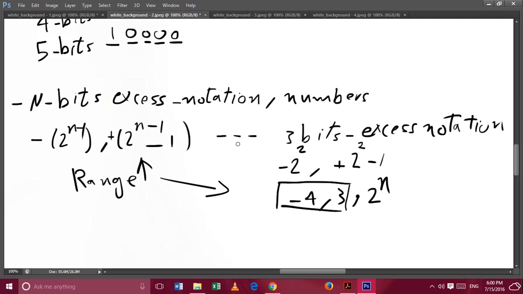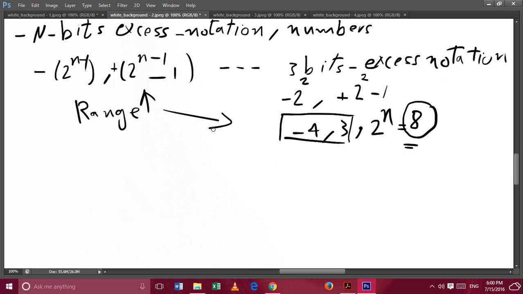But the number of different combinations, when you add all the numbers plus the 0 that can be represented, is equal to 2 to the power of n, which in this case, since n is 3, equals 8. This is important because we're going to build on this piece of information. Now that we know about the range and all the possible combinations in a 3 bits excess notation, let's build the entire system.